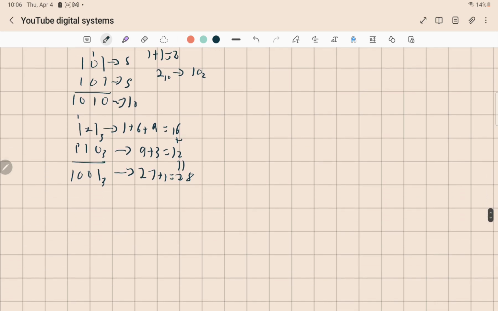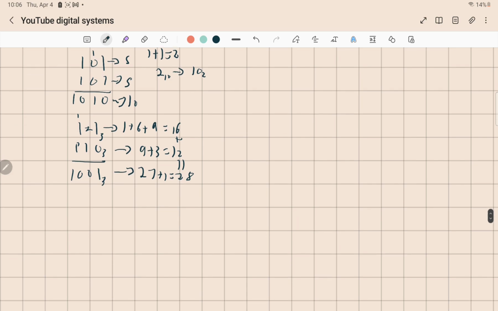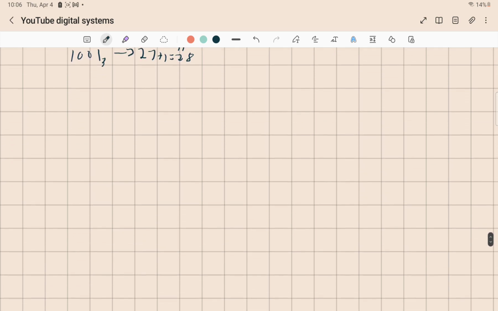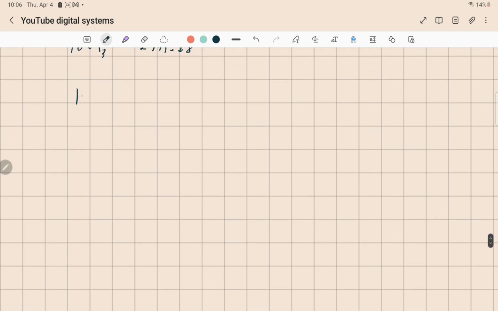Okay. We can also do subtraction. So we'll do that right now. 1, 0, 0, 1 minus 1, 0, 1. So we do 1 minus 1 is 0. 0 minus 0 is 0. 0 minus 1 is... So we have to borrow.